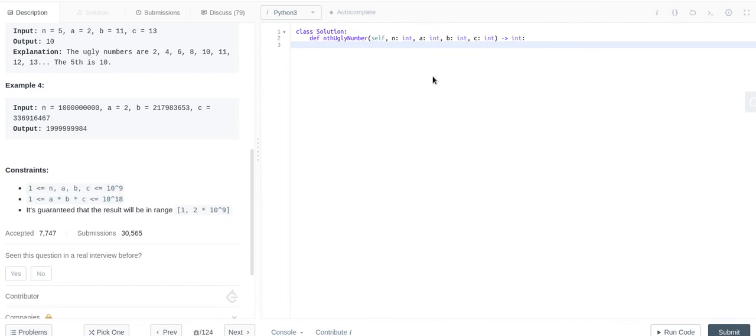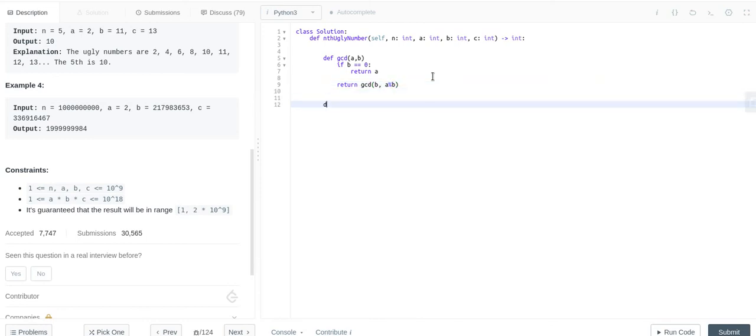Then we write the code here. We define the greatest common divisor, and we get the least common multiple, LCM.